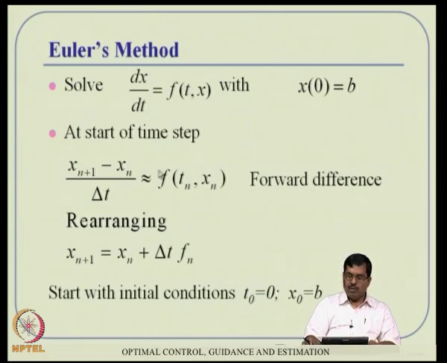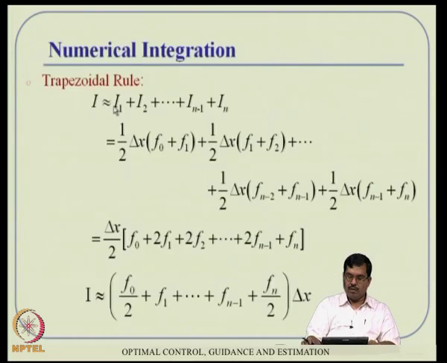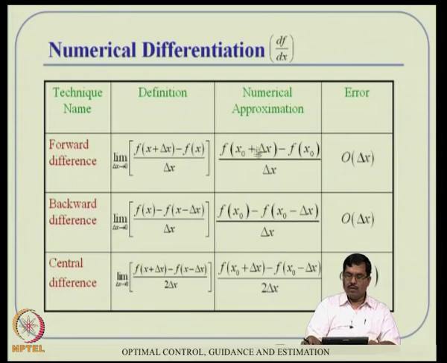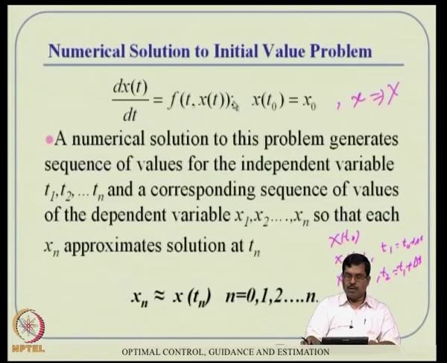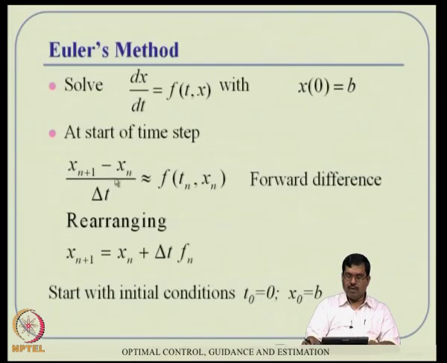At t equal to Tn, I can go back to my differentiation formula and use this forward difference approximation for dx by dt. So, I can use xn plus 1 minus xn by delta t, that is forward difference, and this is nothing but f of Tn, xn. Using the forward difference formula I can do that, and then you simply solve for xn plus 1.